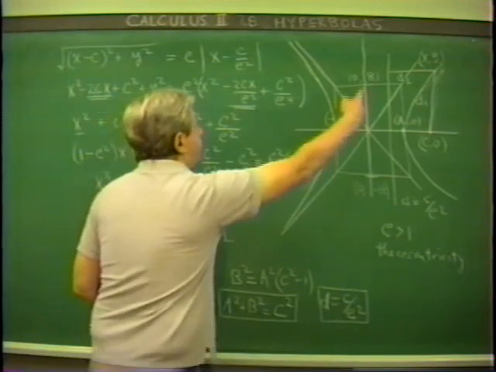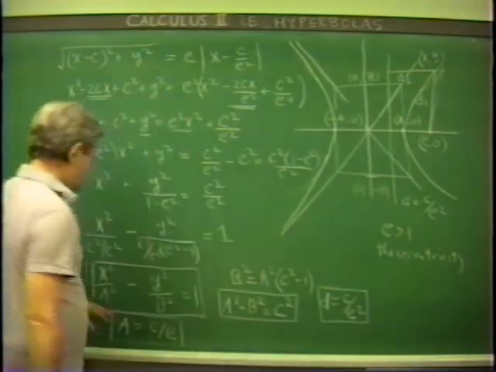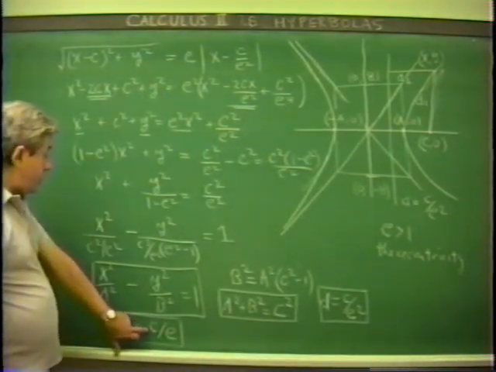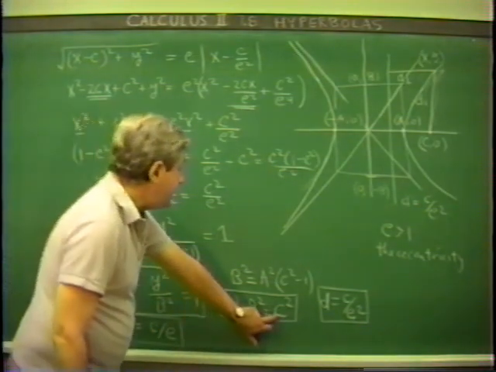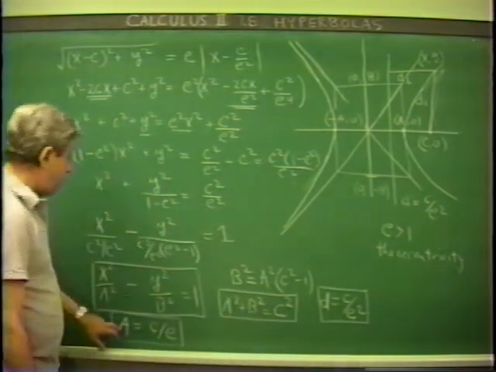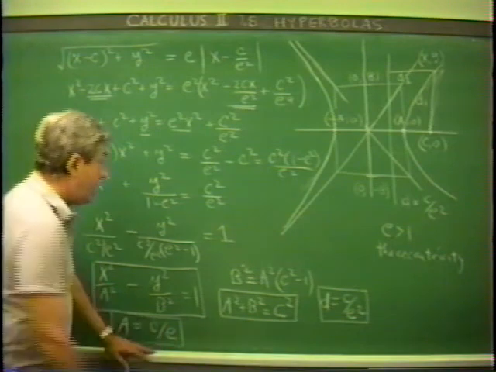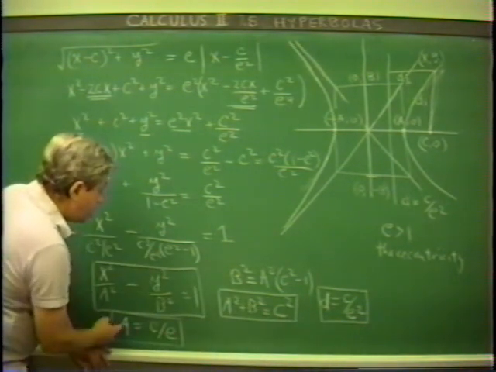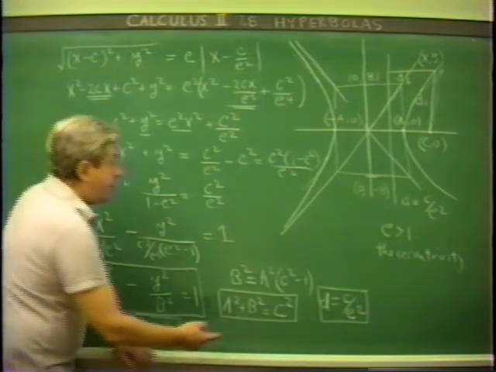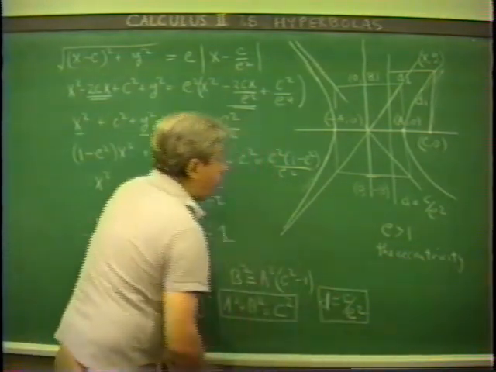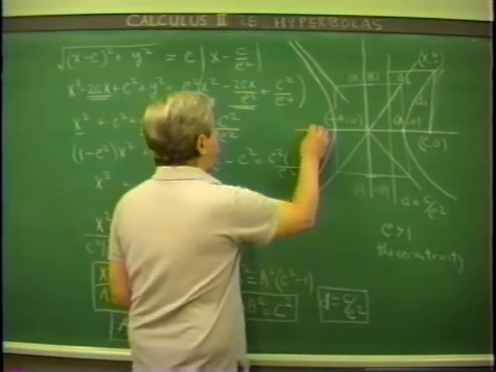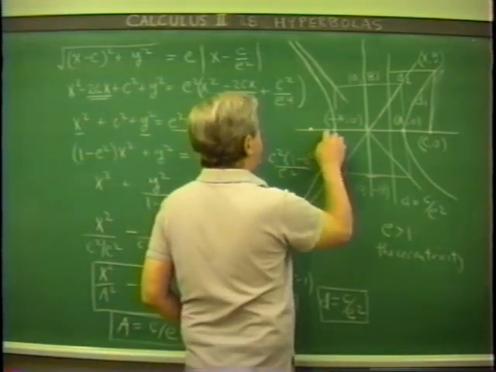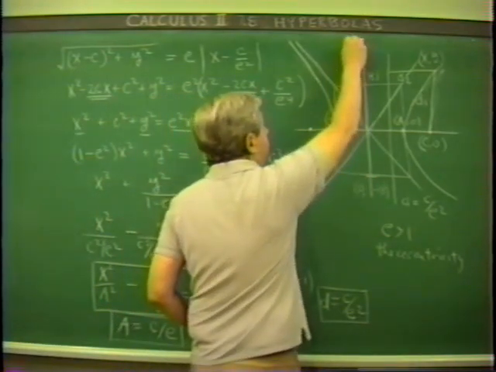Given an equation in this form here, its graph is going to be a hyperbola, which opens to the right and to the left. We can find the focus by first of all finding c squared, a squared plus b squared is c squared, then finding the eccentricity. That will give us c, the focus, and we can find the eccentricity, because the eccentricity is c over a, and then we can find the directrix, it's going to be c over e squared.